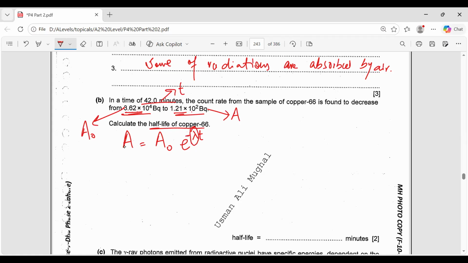The value of A is 1.21 into 10 raised to power 2. What will be A naught? 3.62 into 10 power 4, e raised to power minus lambda into time, which is 42.